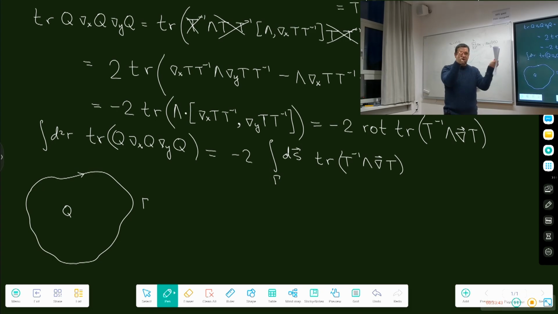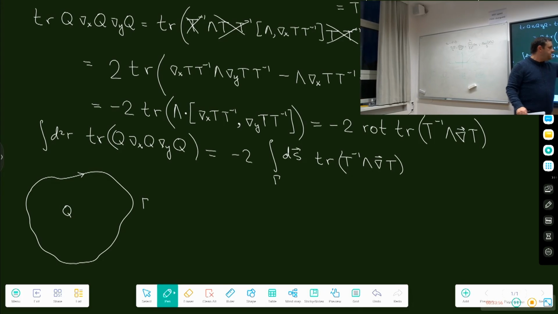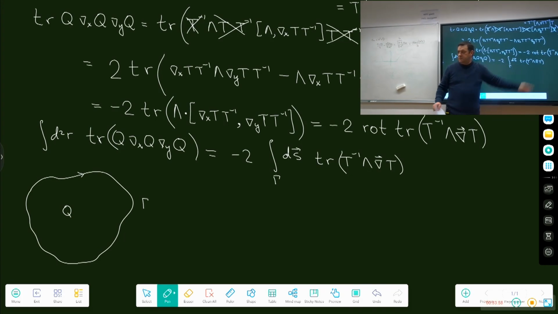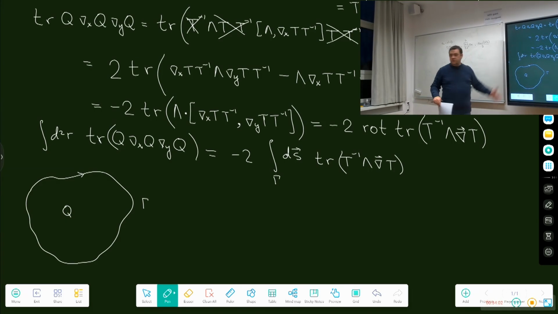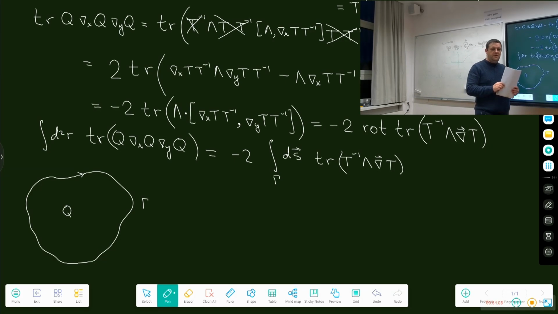So Q is our gauge invariant field, and T is a larger space, it's a group, and we can have different T's that correspond to the same Q, so we can change T somehow. This term will change because it's written in terms of T, but Q doesn't, which means the action should also not change. The integral can keep the same.